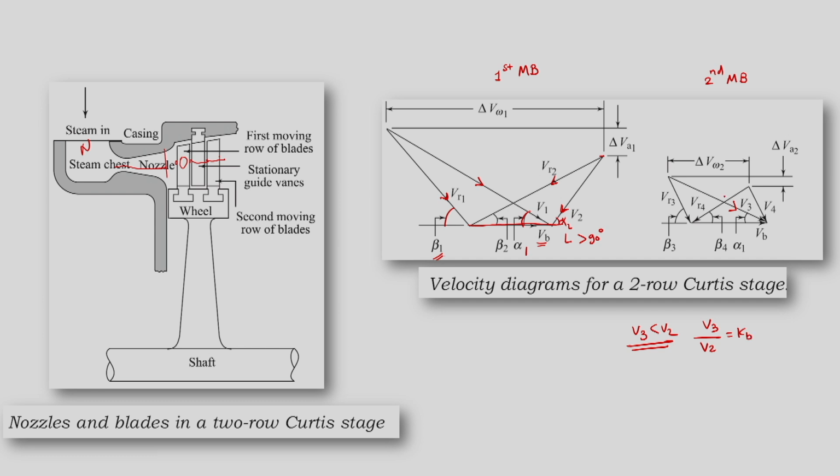So, V3 is there, and then we have the second angle alpha 2 for the moving blades, and the same Vb as the tangential speed for the second set of moving blades, and so we have Vr3.